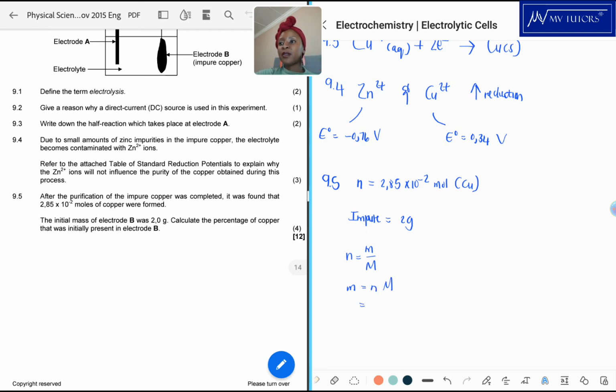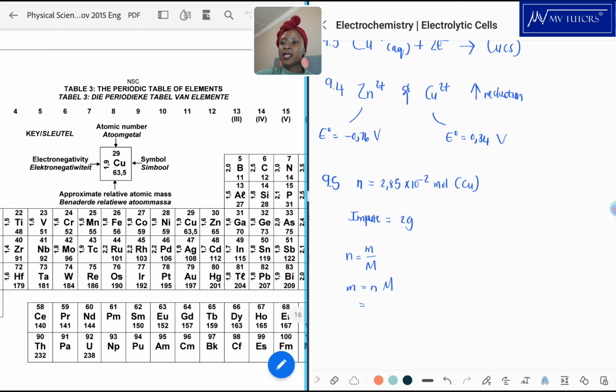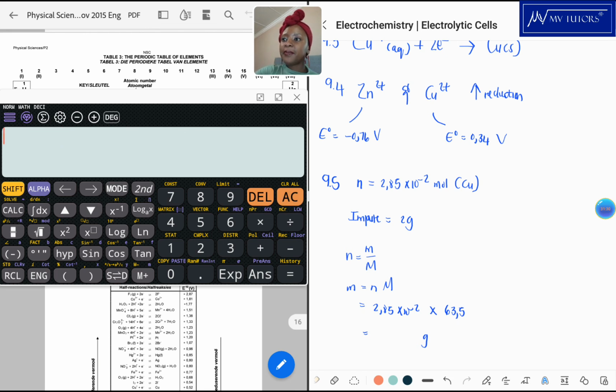And copper, if we have a look at the periodic table, is 63,5. So first of all, the number of moles, we have 2,85 times 10 to the negative 2 mole. And we're going to multiply by 63,5 grams per mole. So our answer will be in grams. Okay, let us get the calculator.